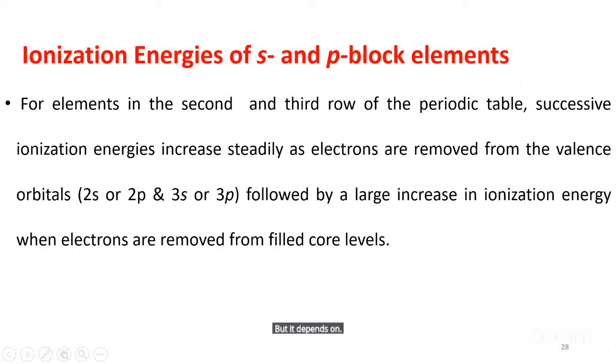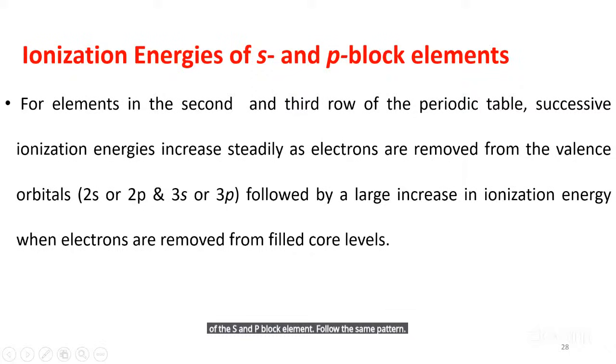As I said, the s-block elements are more metals, and they have more tendency to lose electrons and become stable. Changes in the second, third, fourth, fifth, and sixth rows of the s- and p-block elements follow the same pattern.